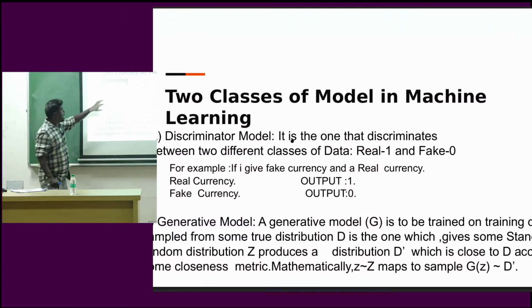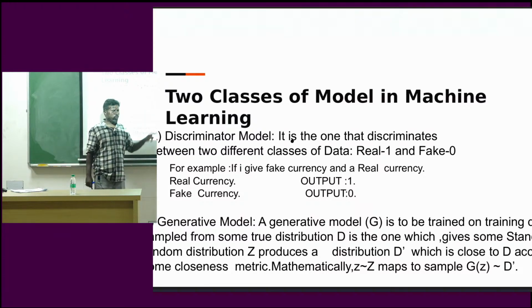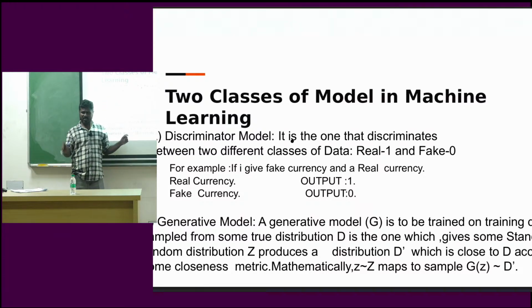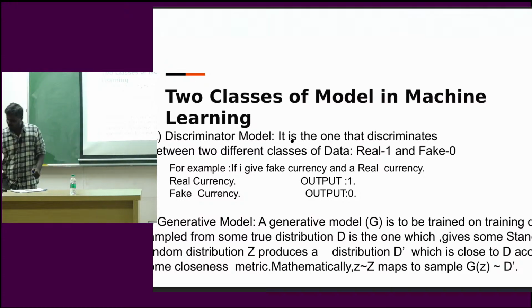The discriminator says, strictly, that whatever sample comes from you is fake. But the generator says, I generate a fake, but you have to take it as real. Let me give you an analogy with an example.